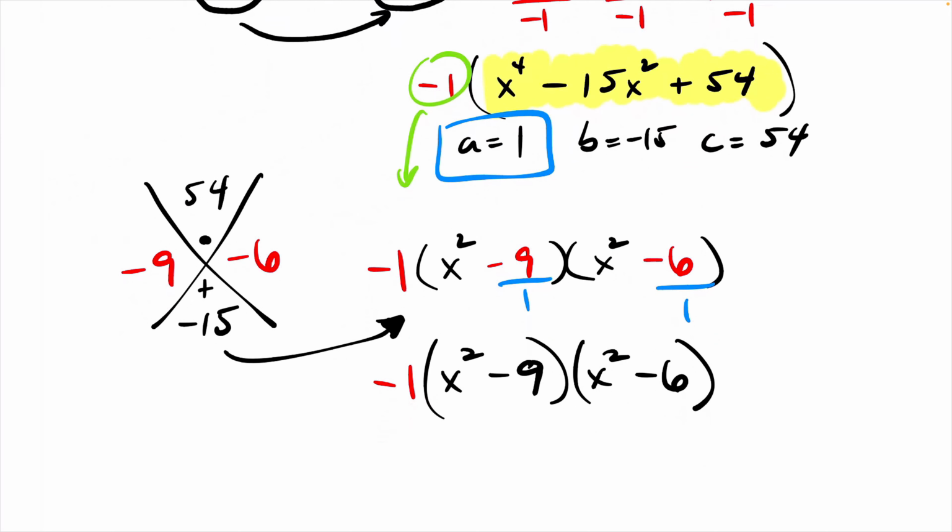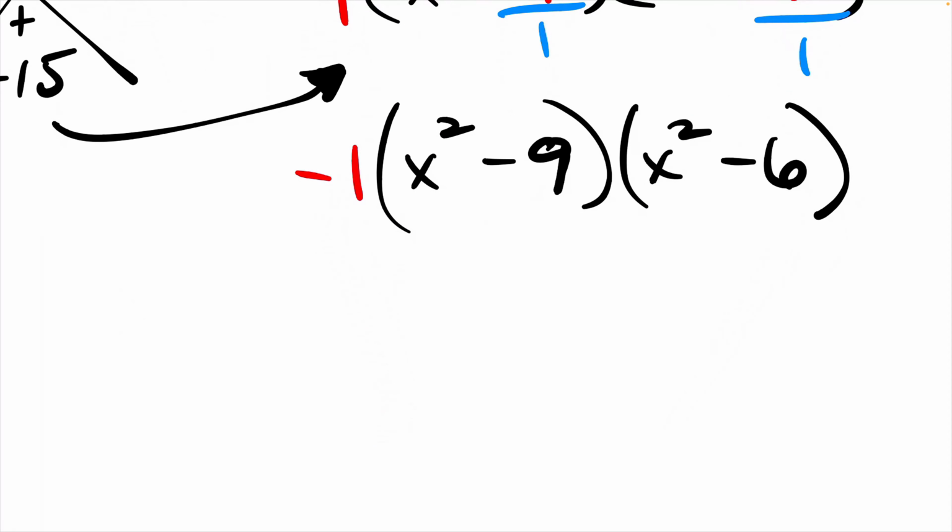Okay, step 3 is done. Step 4, difference of squares. Are any of the guys in parentheses difference of squares? Yes. This guy definitely, because he got a 1 in front. Power is even. Subtraction, 9 is on my list. How about this guy over here? Is that difference of squares? No, it's close, but 6 isn't on my list of perfect squares. So it doesn't work. Okay?